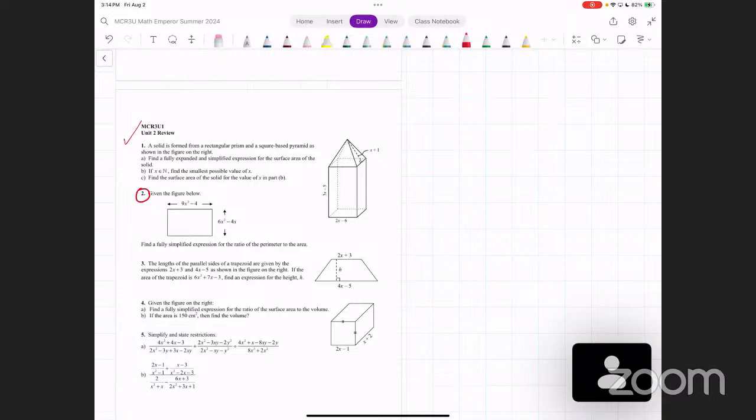Are you working on that? Did you access the Jamboard from the Google Classroom from yesterday?